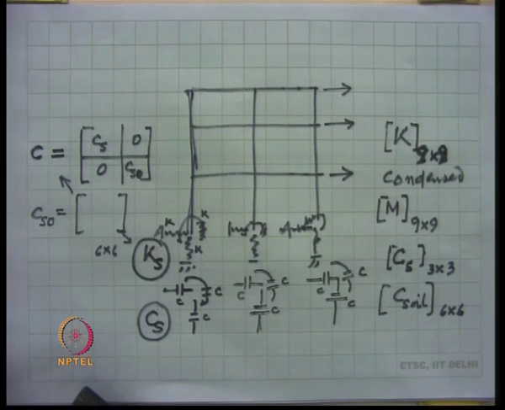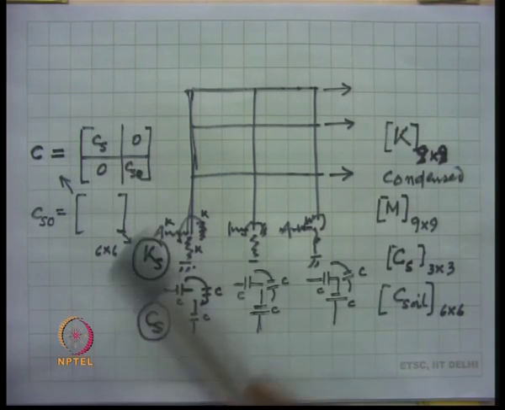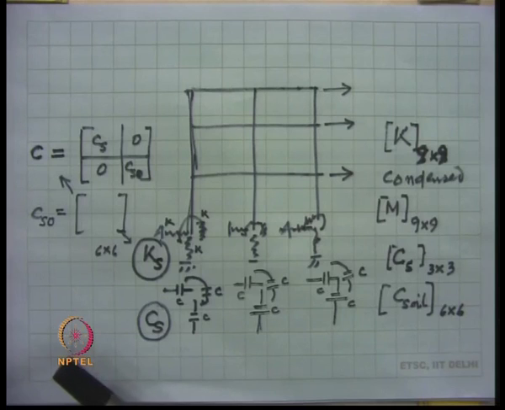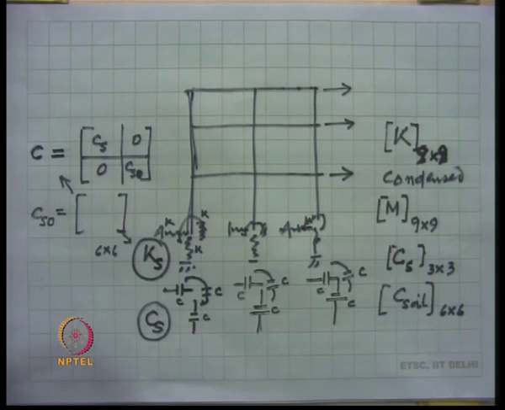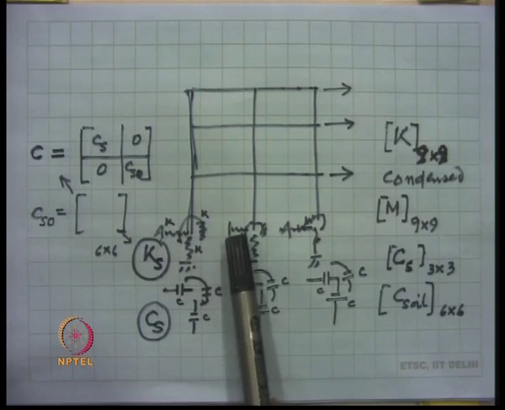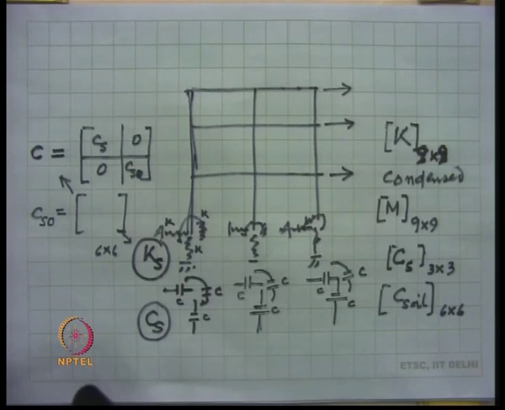So, that becomes the K matrix, and one can obtain this K matrix by the usual condensation procedure. The mass matrix also will be 9 by 9. The rotational masses, we can give some rotational masses to the system, or we can also set them to 0 if we wish to ignore them.